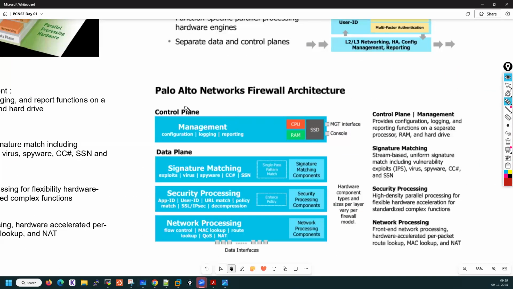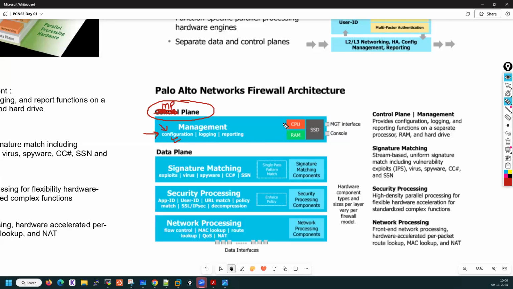The Palo Alto Firewall management plane, generally they name it as a control plane, but I don't like this name control plane. I always call it the management plane, MP. This management plane is responsible for configuration management. Whenever you are doing any type of configuration in this Palo Alto firewall via CLI, via GUI, or via API, those configuration changes are handled by the management plane only.